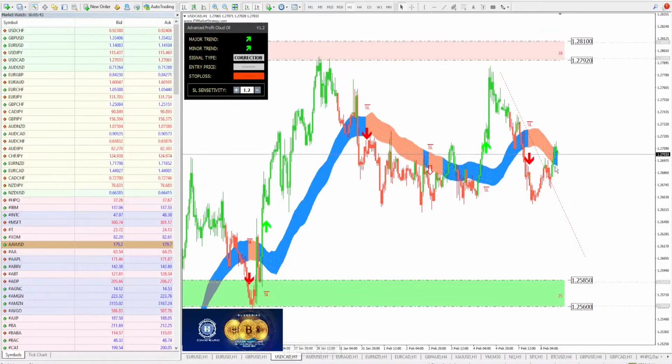Canadian is really weak, and that's why you can see USD CAD going up a little bit. But overall, I think the dollar is going to get even weaker.